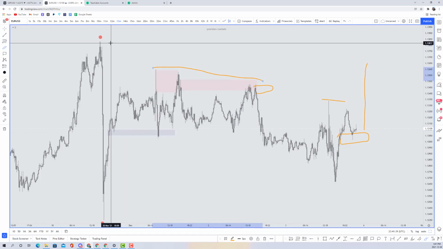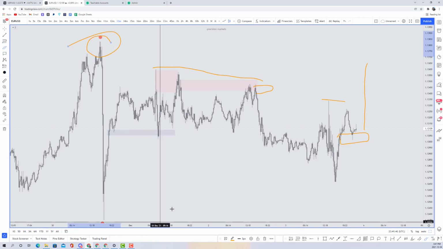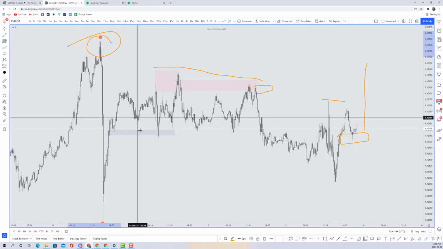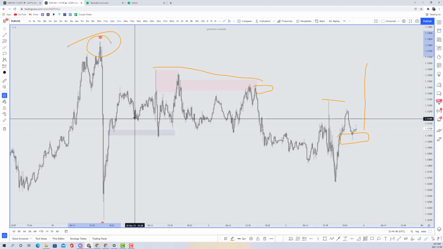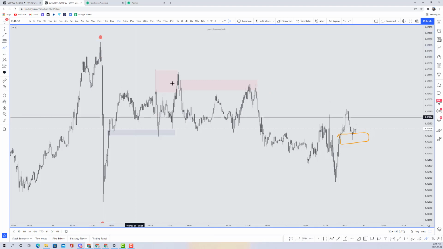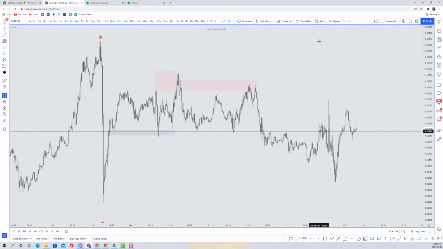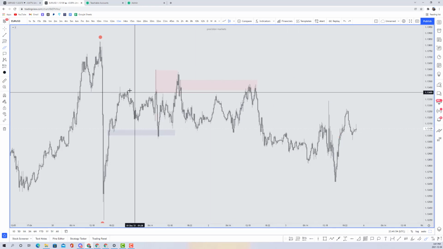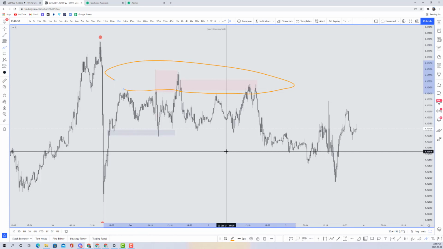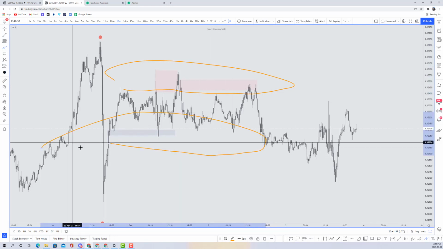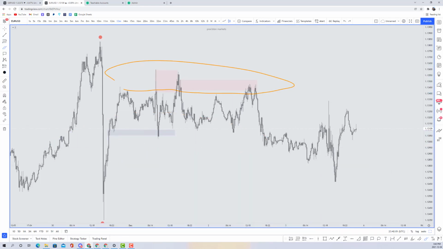As for shooting to run this high, not likely, as the daily is bearish. So that's just how I view it. But again, everything goes back to playing the edges. We're selling from here, we're buying from here, and you're always looking at liquidating.